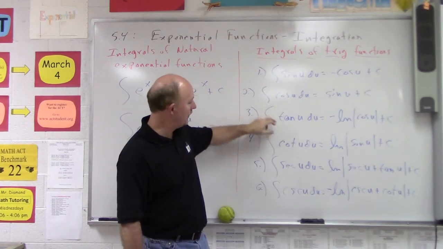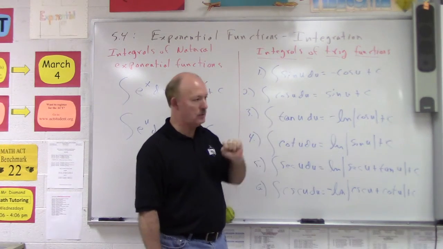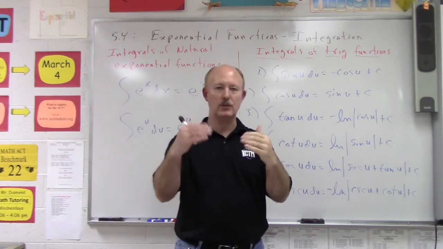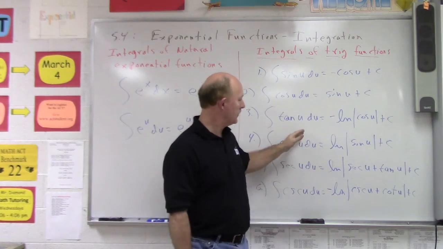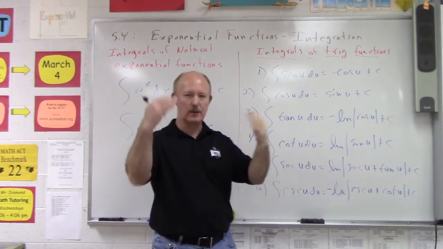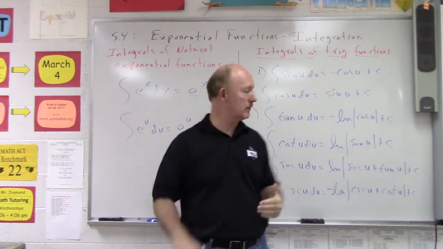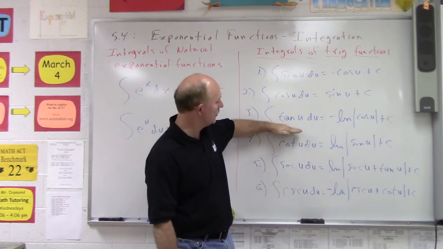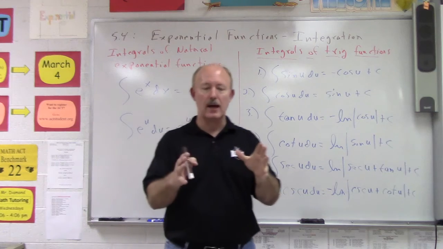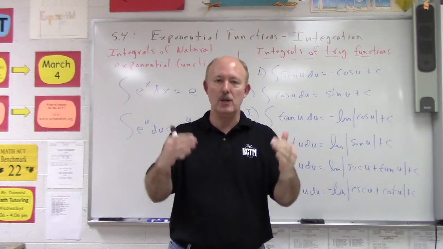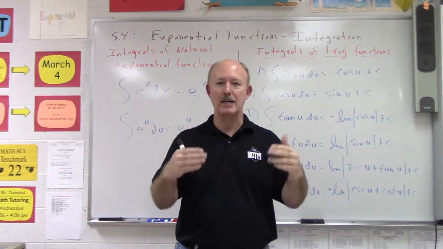Now the antiderivative of tangent u du. We did this in one of my videos. You rewrite it as sine over cosine, and then it comes out as a logarithm. We could not introduce the antiderivative of tangent u until we knew how to integrate a natural log.